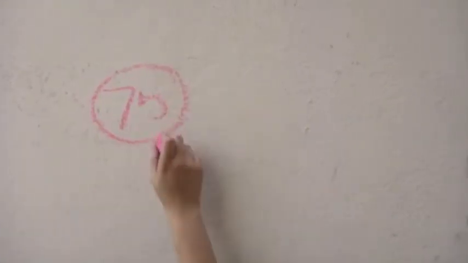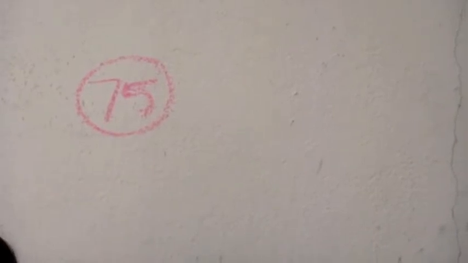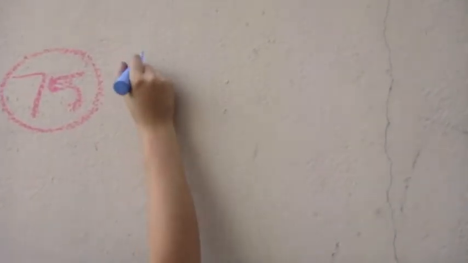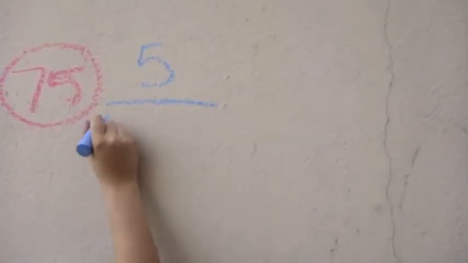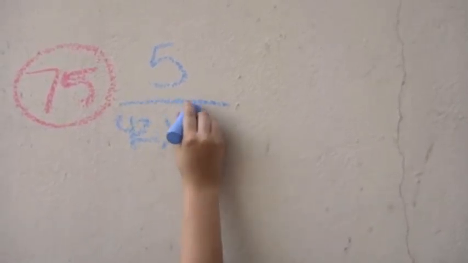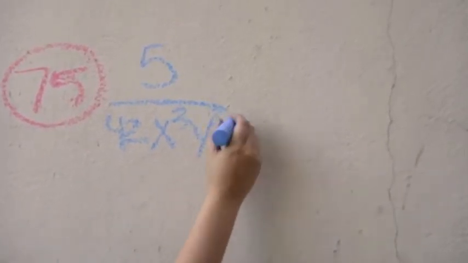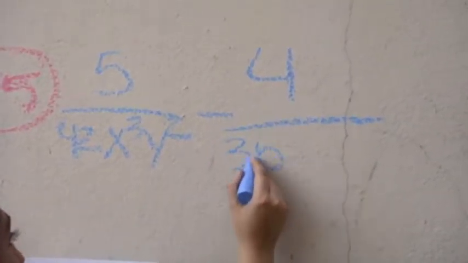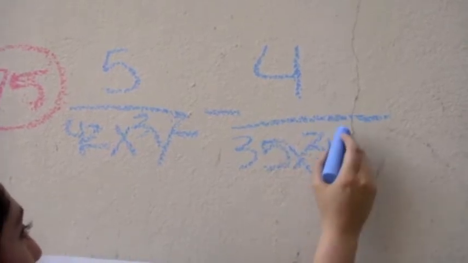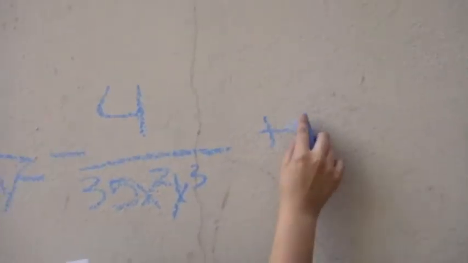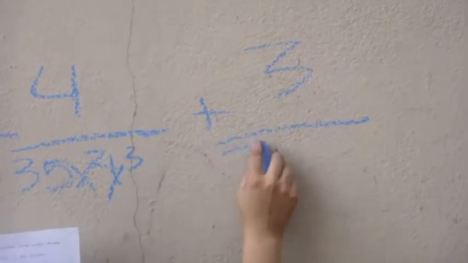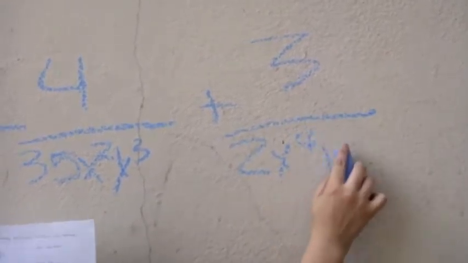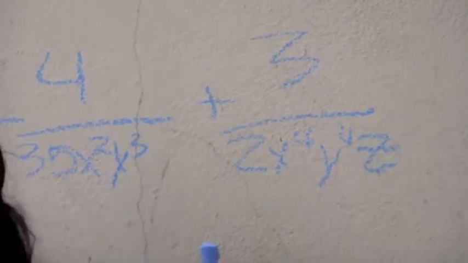Problem 75. We will solve this problem by adding and subtracting fractions with unlike terms. So our problem is 5 over 42x cubed y squared minus 4 over 35x squared y cubed plus 3 over 2x to the fourth power y to the fourth power c.